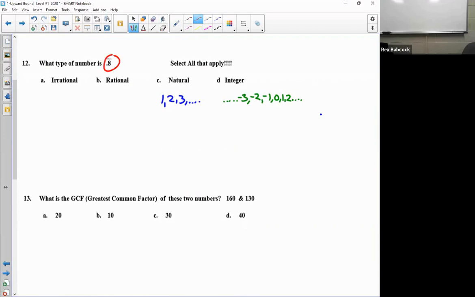A repeating 8 is 8 ninths. All repeaters can be written as a fraction, so it is a rational number. Now, natural and integers, they're rational numbers too, but that's a fraction, so the only answer that works is B. B's the only one. Questions there?